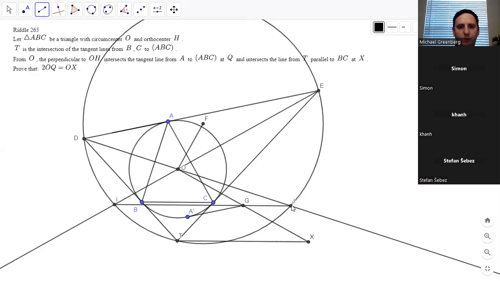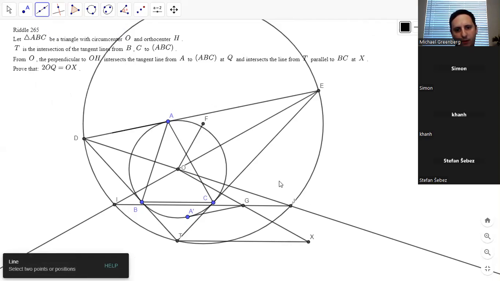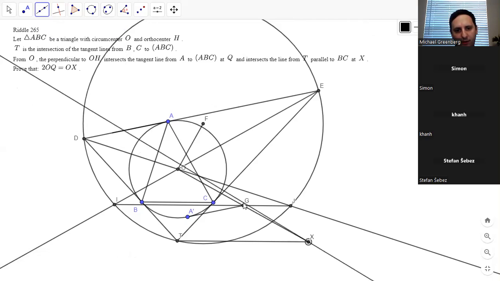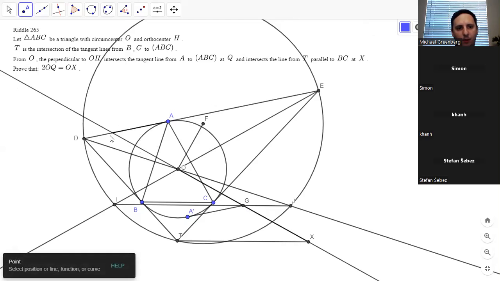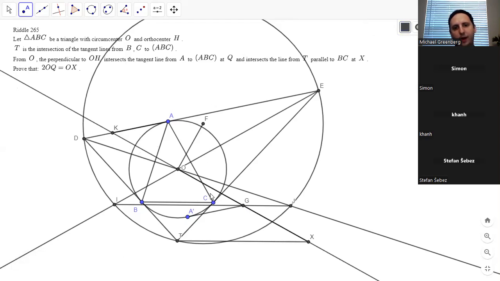So yeah, we want to show that G lies on it. And then is this the butterfly theorem? Because we have this. So O is going to be the midpoint of this chord. And so, if we draw this and we let it intersect here, so this is point Q before, then by the butterfly theorem, OK is equal to OG.